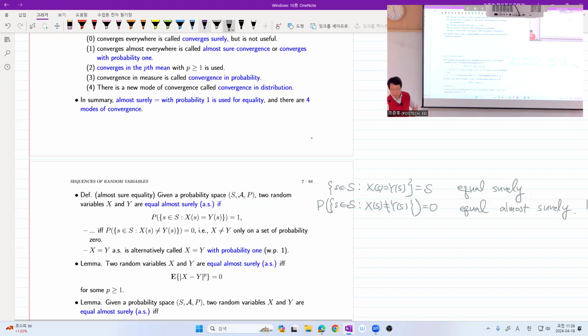But see that we have what? The probability is 0 for the set on which two random variables are different. So what can we say? This is equivalent to this statement.